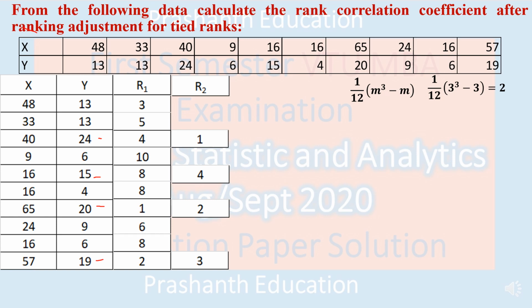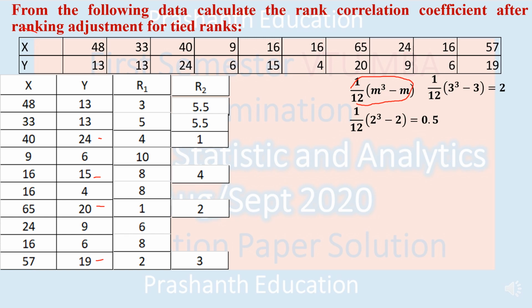So I need to take the fifth and sixth rank, average it out, divided by 2, which comes to 5.5, 5.5. I need to make this adjustment as well. Instead of M, I write 2 ranks I have taken: 1 by 12, 2 cube minus 2, which is 0.5.